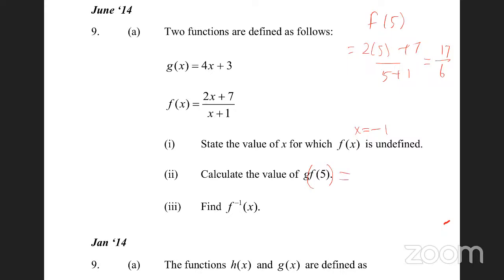Then they want g of f of 5. So that's g of 17 over 5: 4 by 17 over 5 plus 3, which gives 40.33. So the answer is 14.33, right?